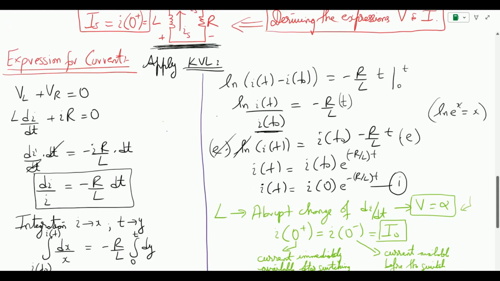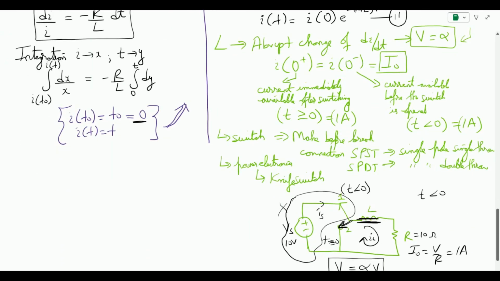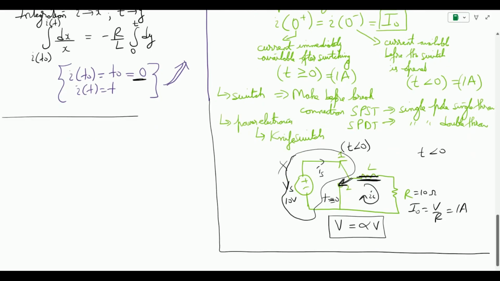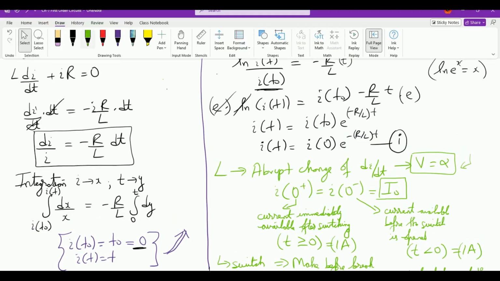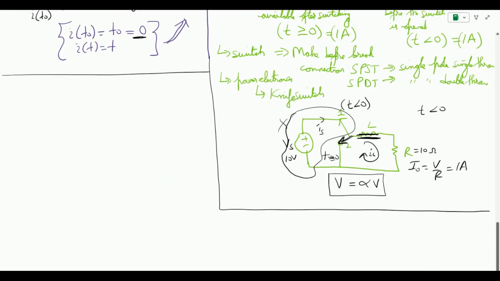Coming back to our discussion with regards to equation 1, from equation number 1 what we can say is that I at 0 plus equals I at 0 minus, which is going to be I naught, and I naught in our example is 1 amp.